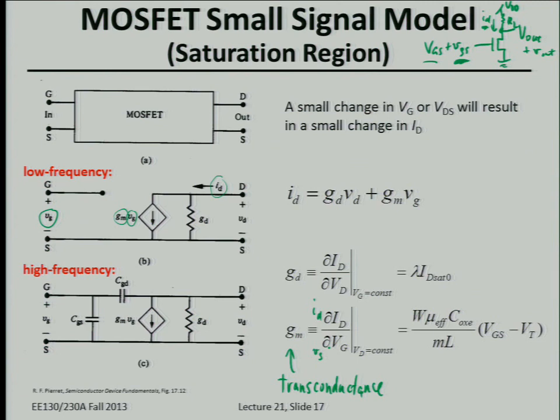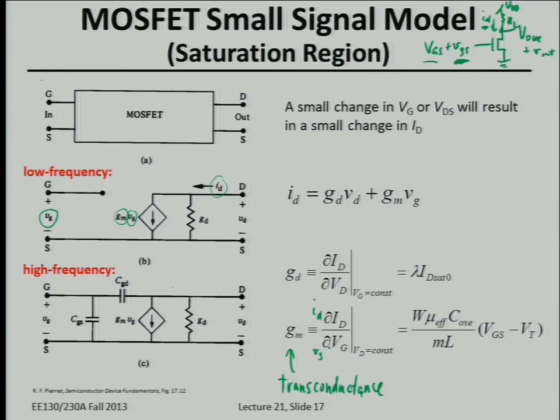So W and mu effective: if you're operating at a high current level to begin with, small changes in the gate voltage, percentage-wise, will change the current roughly the same. But since you're operating at a higher current level, the absolute change in current is large. And of course, it depends on the current level that you're operating at.